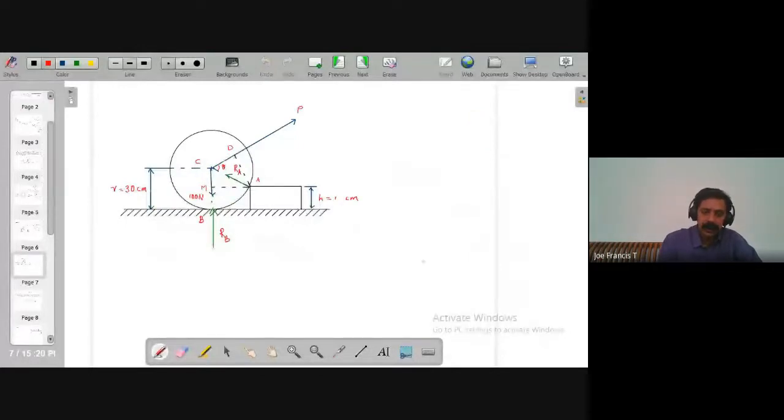So we know that P is equal to 100 into AM by AD. Right? We need to find values for AM and AD.